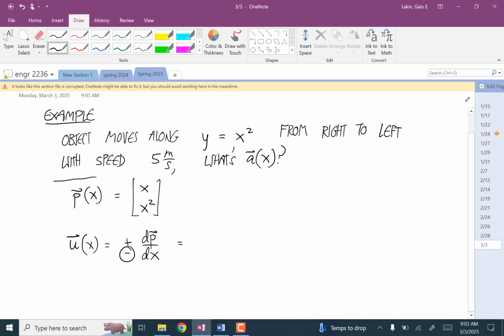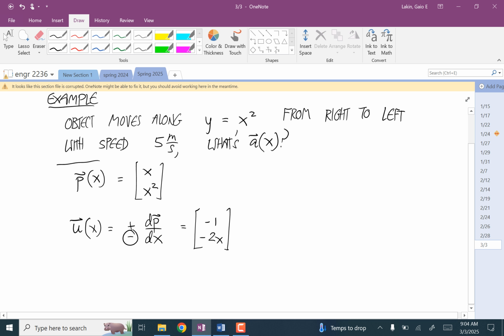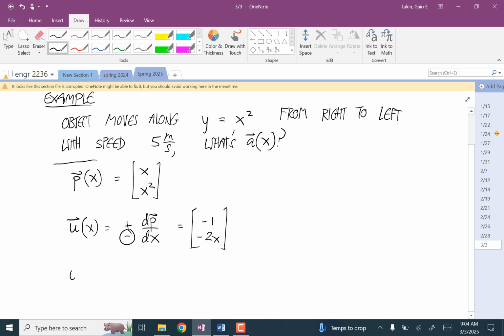And so this would be negative 1, negative 2x. Okay, so that's in the direction of the velocity vector, but it doesn't have the right magnitude for the velocity vector. So now you'd have to come up with a unit vector in that direction.